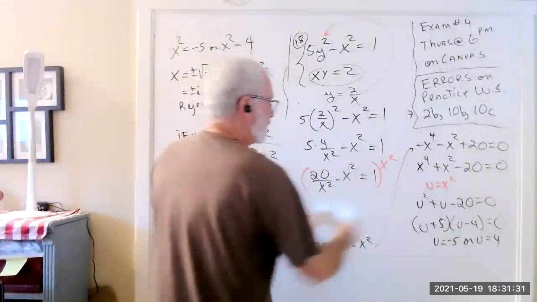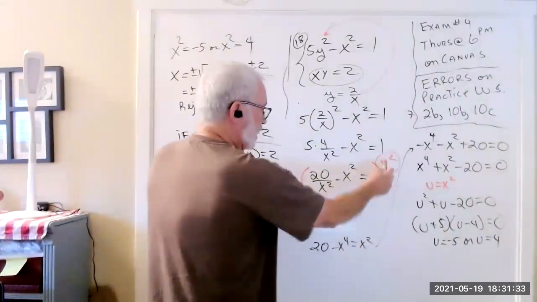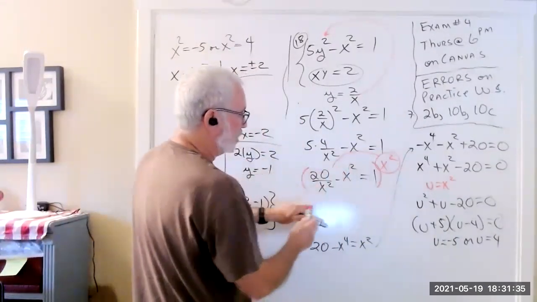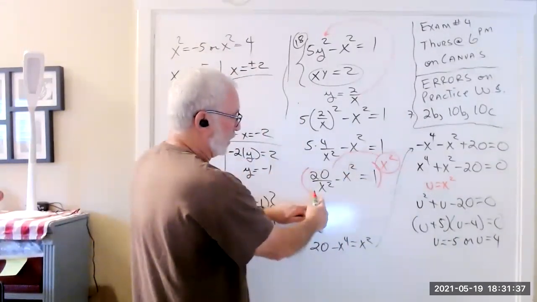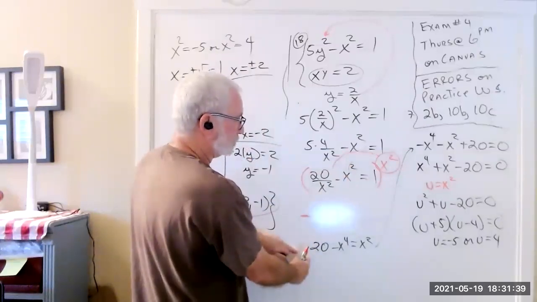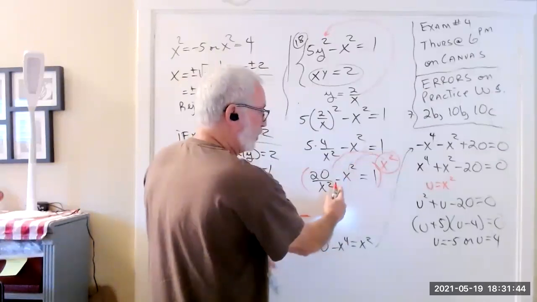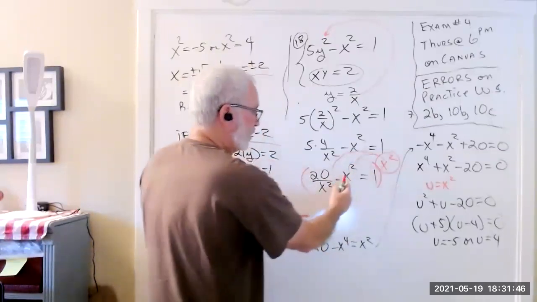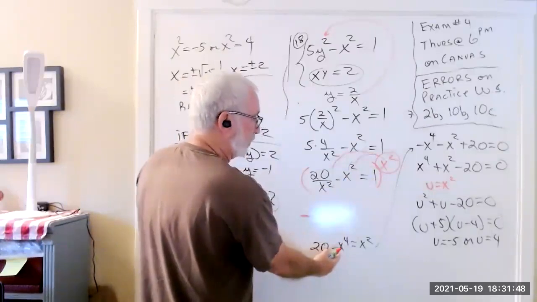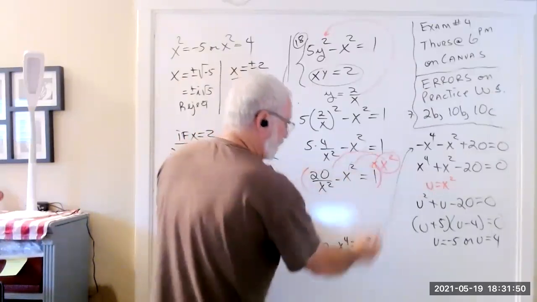So what I did was I distributed the LCD to here, and it canceled the x squared. So I got 20. But I have to distribute the LCD to every term. The LCD distributes here. That's how I got x to the 4th. And LCD distributes here.